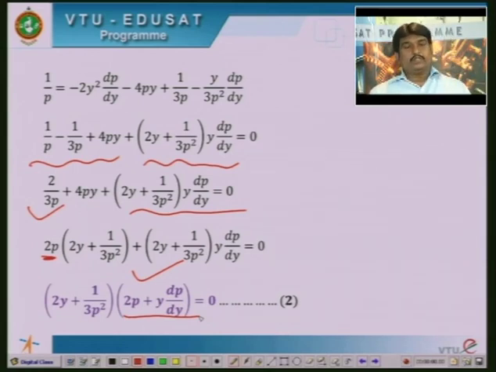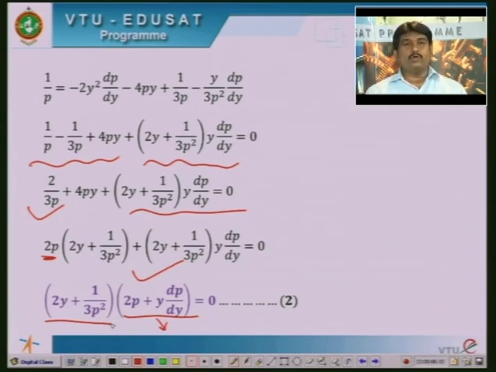Now there are two factors. If you equate 2p + y dp/dy to 0 and solve, you will get the general solution. If you take 2y + 1/3p², which does not involve any derivative, and equate it to 0 and solve, you will get p in terms of y directly. If you substitute in the given differential equation, you will get a relationship between x and y containing no arbitrary constant.